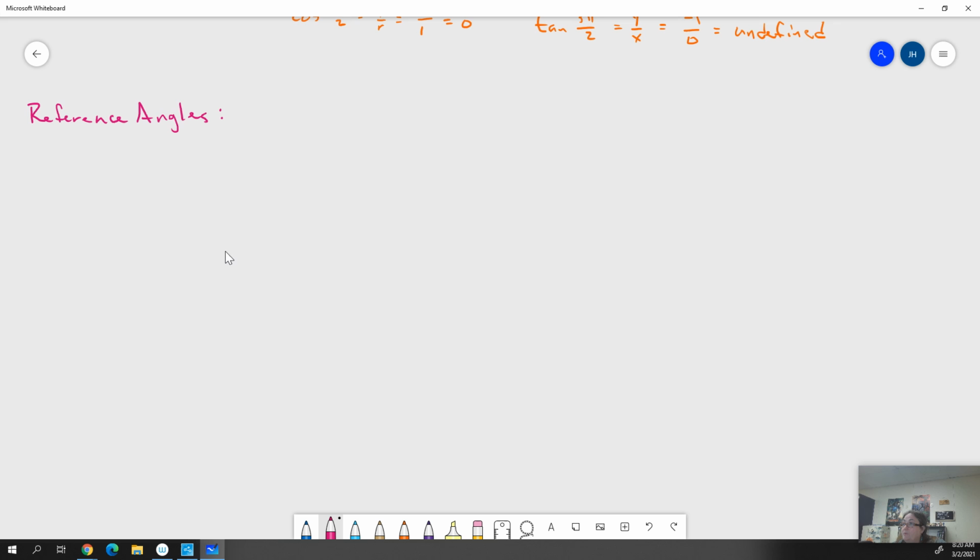All right. So the definition of reference angles is we're going to let theta, which is just a variable for an angle, be an angle in standard position.